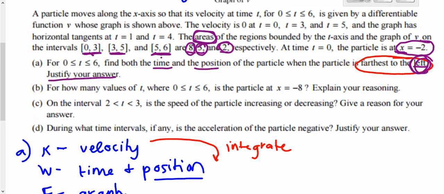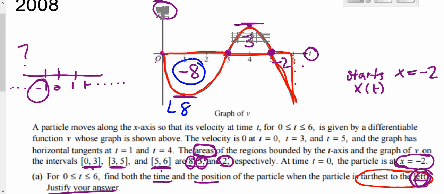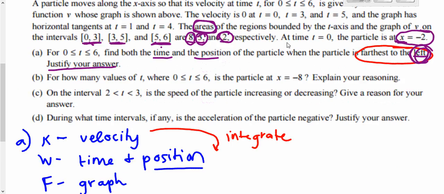Well, there are 2 times that we move to the left. Here, in this area, we move to the left, and here, in this area, we move to the left, because those are both negative. So we always start at 0, so either we're going to be farthest to the left after the first time we move to the left, or after the second time we move to the left.